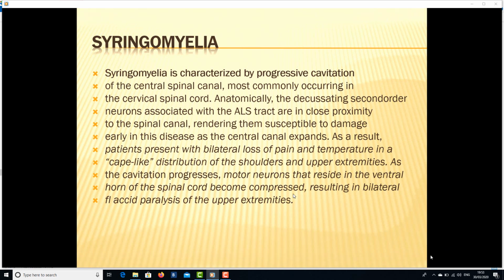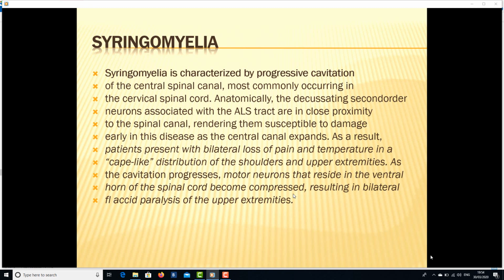There is another term which is quite important, and that is dissociated sensory loss. If there is loss of pain and temperature without the loss of touch, as in syringomyelia, it is called dissociated sensory loss. Then we have syringobulbia.